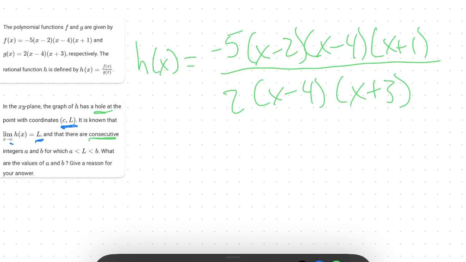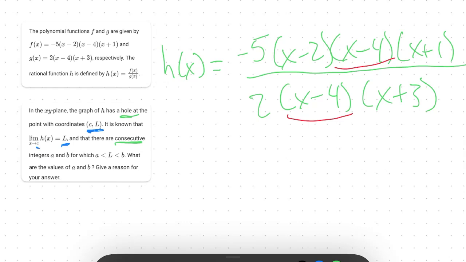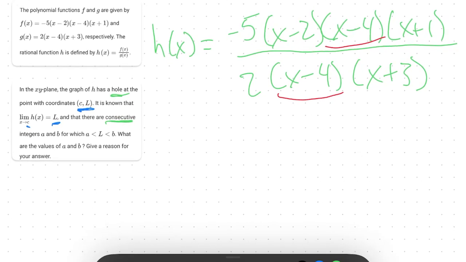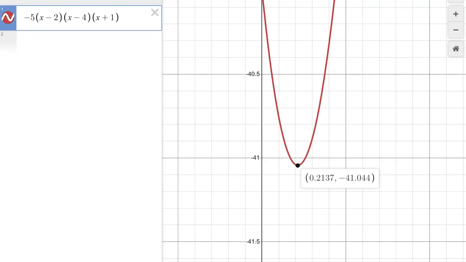And what linear factor is that? That is x minus 4. So when we graph this, we will see that portion. Let's graph first, and then I'll try to explain a little bit later.